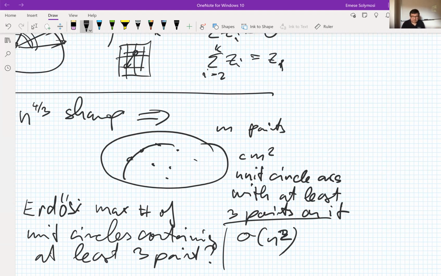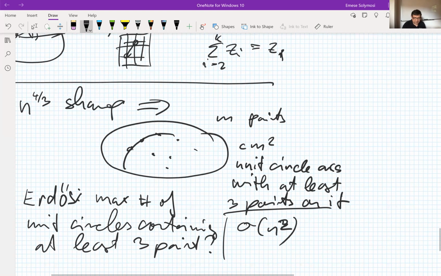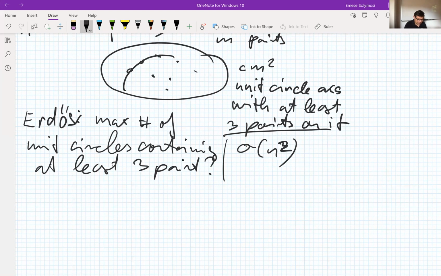And this also implies that if you change the unit circle into parabolas, then you can't have c times m squared of that. Here, the best result is due to Gyuri Elekes, who found a construction with n to the 3/2 such circles.